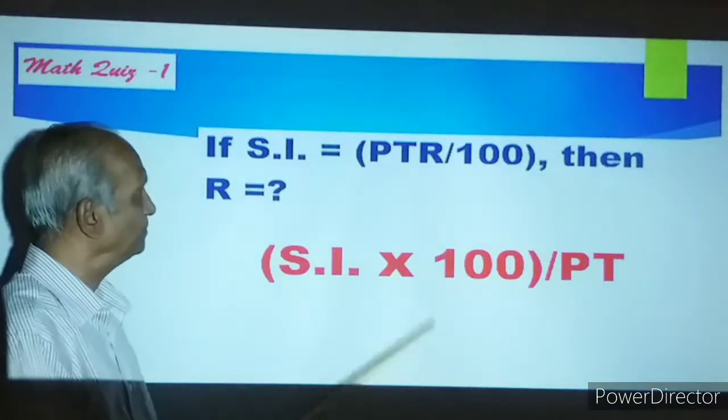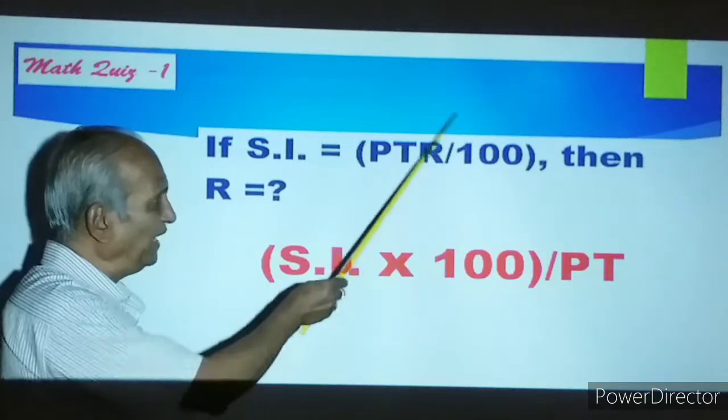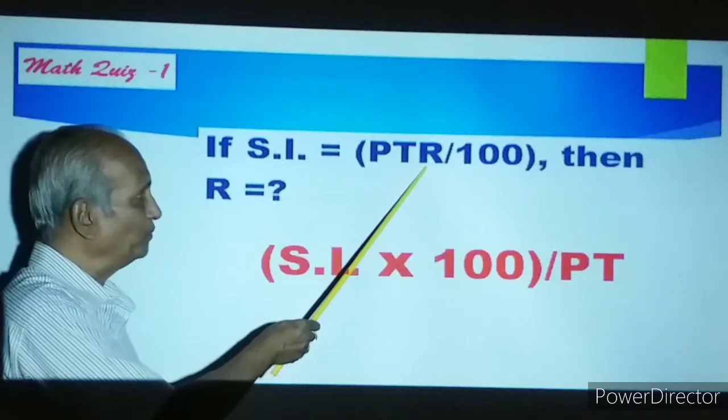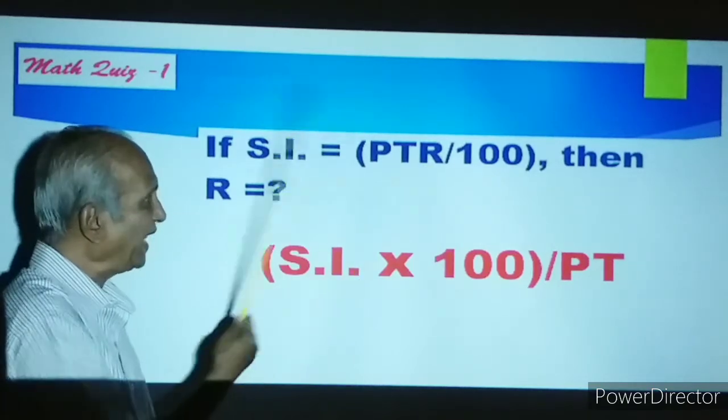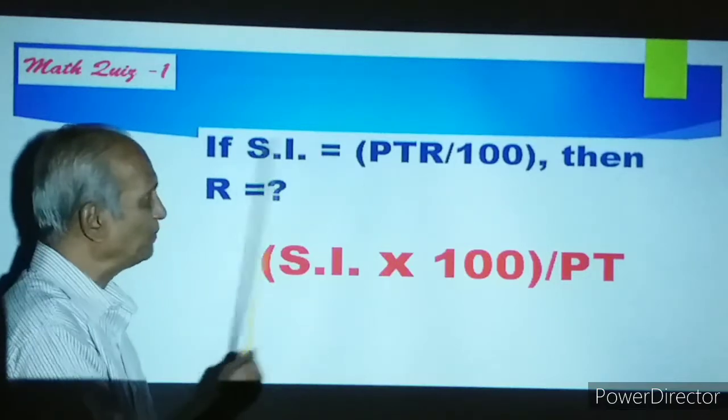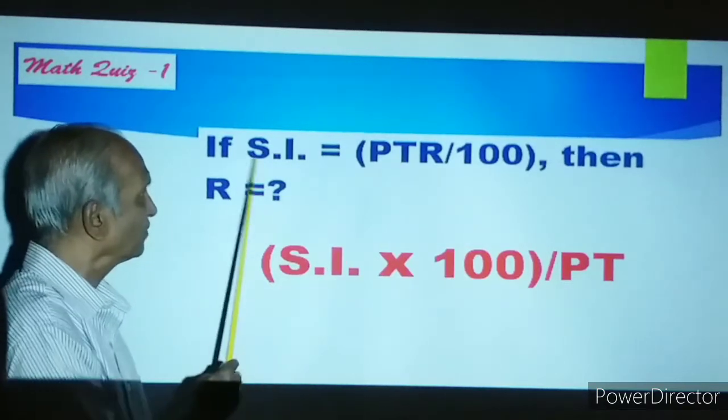How is it done? See, in the term PTR over 100, it is R that we want to know. So, when you transpose, in order to separate R there, you have to transpose PT.